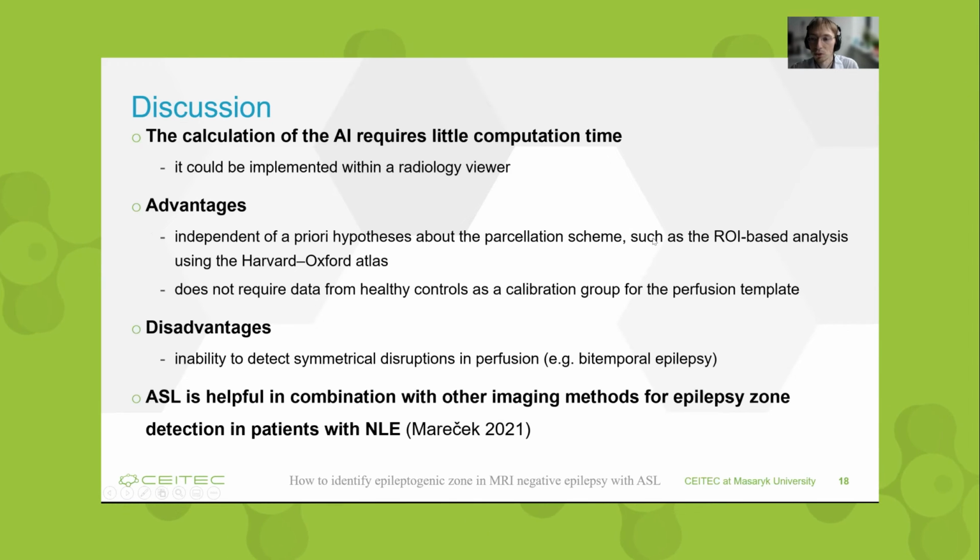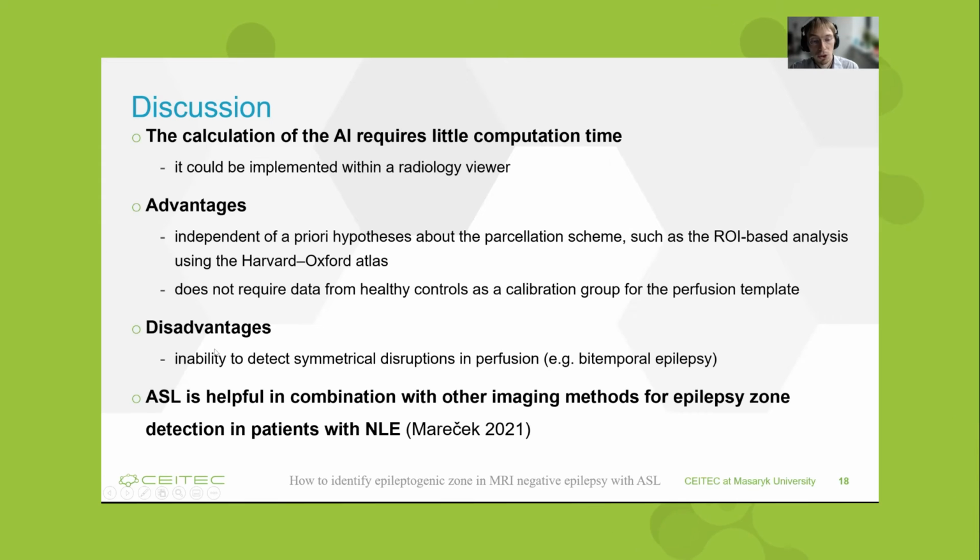It's independent of ROI-based analysis. And it doesn't require data from healthy controls as a calibration group, because this could be an obstacle if different groups and hospitals would like to use the same approach. They would need to acquire the data from healthy controls.